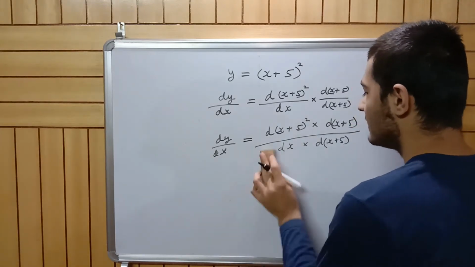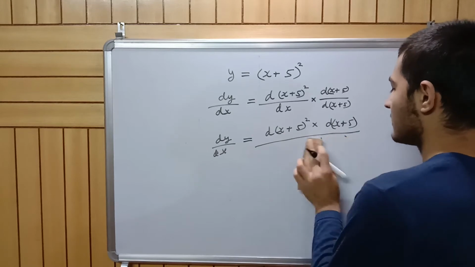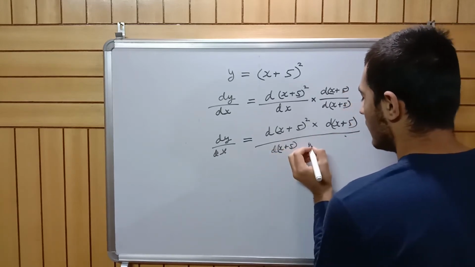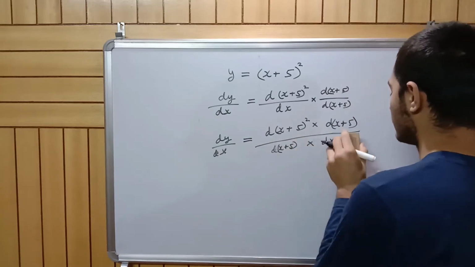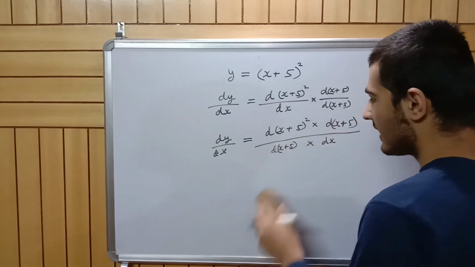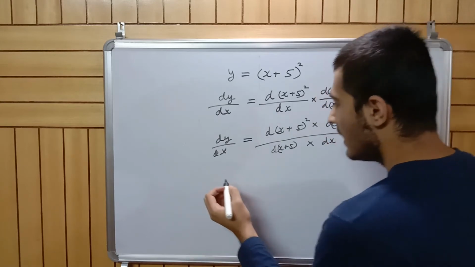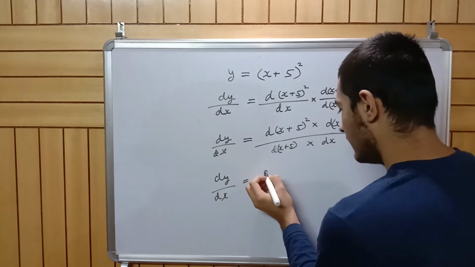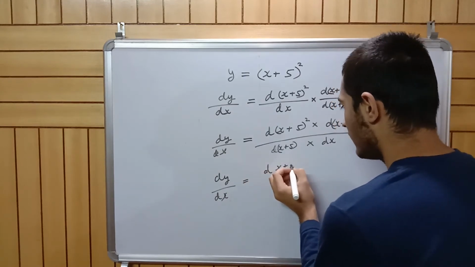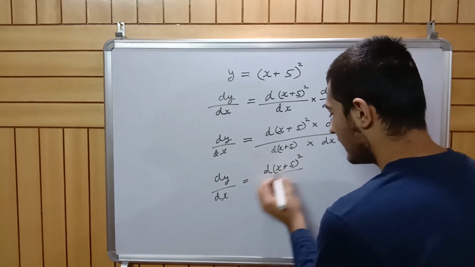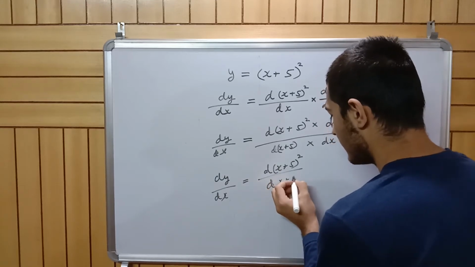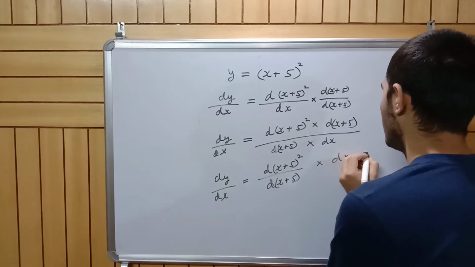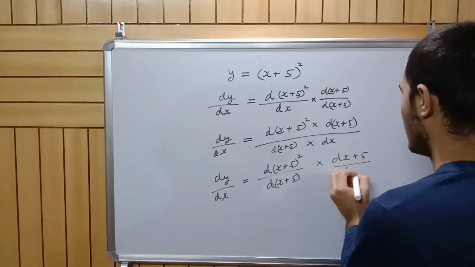Now I'll write these two as separate fractions, and now you can probably see why I did this small trick. So now what I get is d of x plus 5 whole square upon d of x plus 5, into d of x plus 5 upon dx.